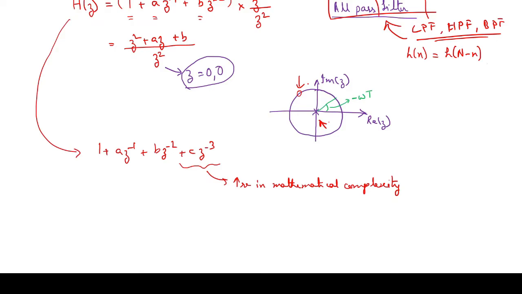All pass means all the frequency components will be passing. So it is the simplest FIR filter you can design. No zeros, nothing. You just place a pole at the origin, one pole, two poles, whatever poles you want to put. So you design the all pass filter. Why is that an all pass filter? Can you tell me?